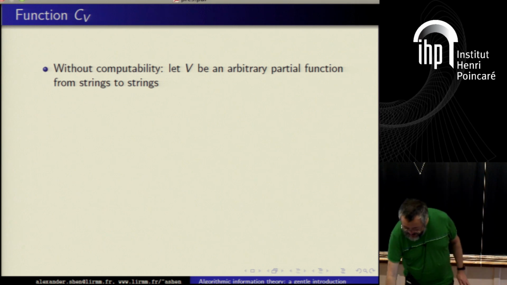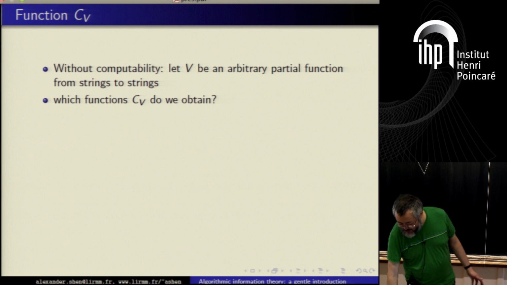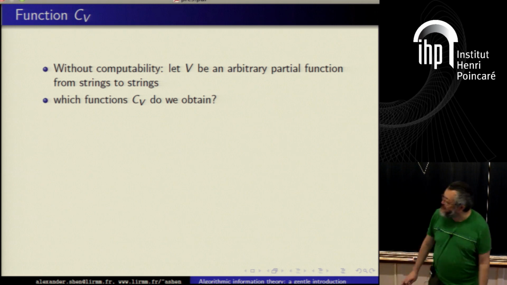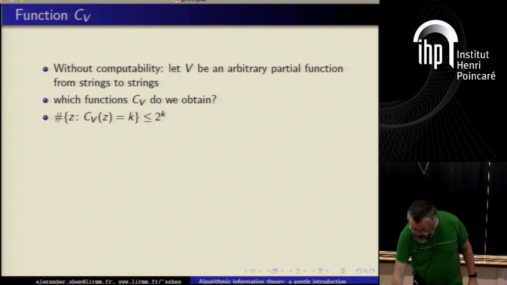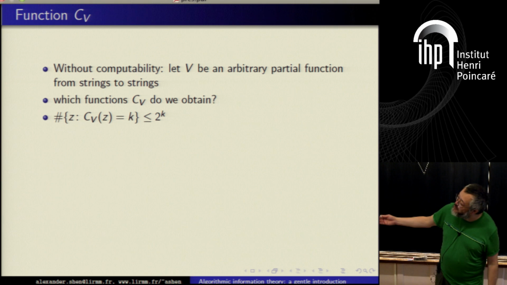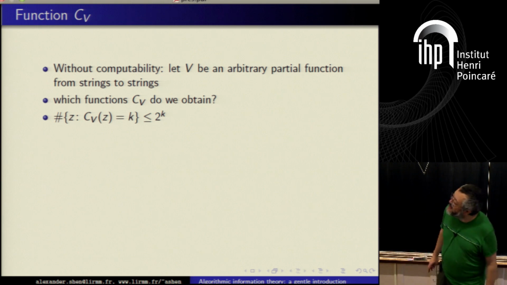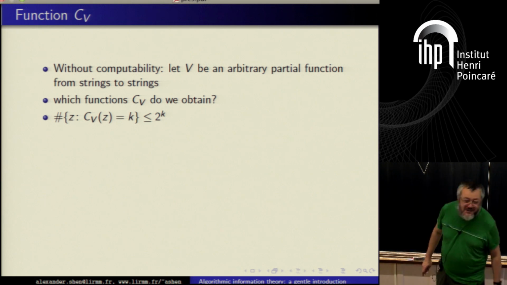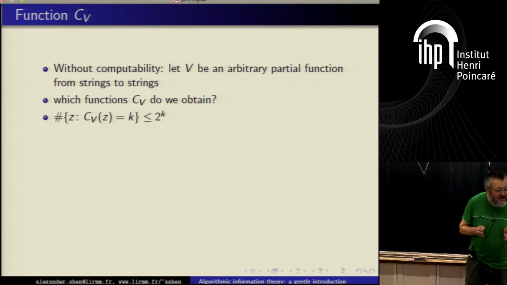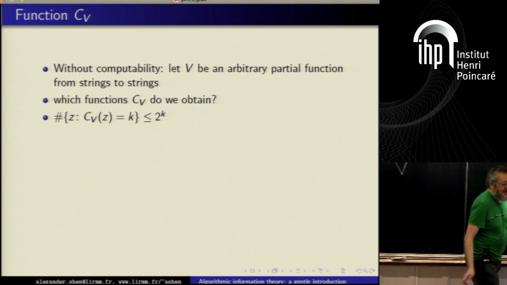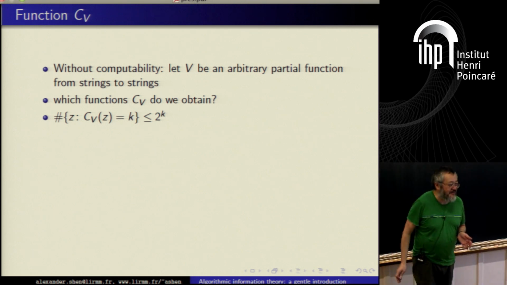Then, of course, it's clear which complexity function we can obtain in this way. The only property is that there are at most 2 to the k strings of complexity k, because they each should have descriptions of size k.